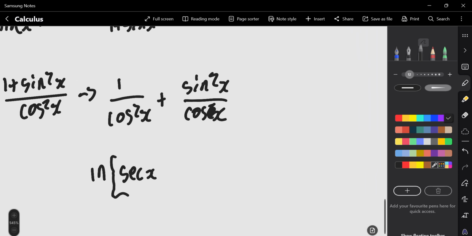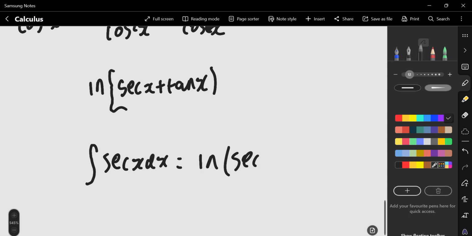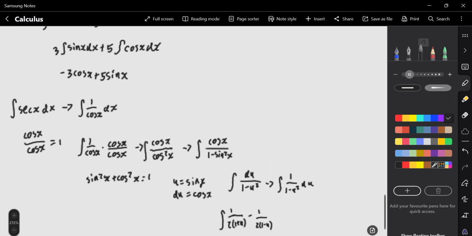Ln of secant x plus, what is this? Tangent x. And so the answer to what is the integral of secant x is going to be ln of secant x plus tangent x plus c. And that's how you would integrate something like that.